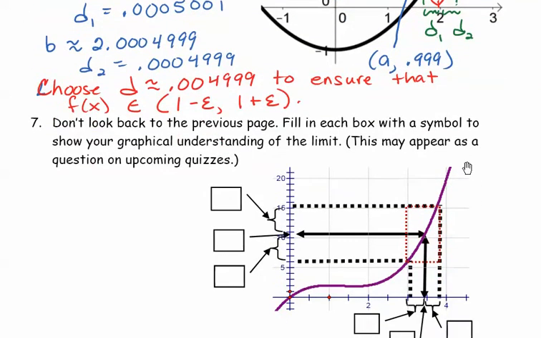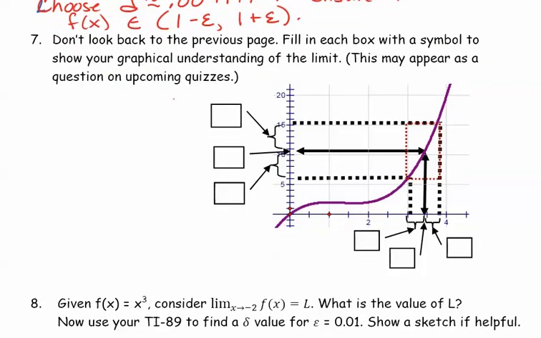Okay, so do we understand? Try filling in this graph here so that you get the idea. Again, our limit as x goes to a is going to produce a limit L. And how can we stay within our tolerance window?